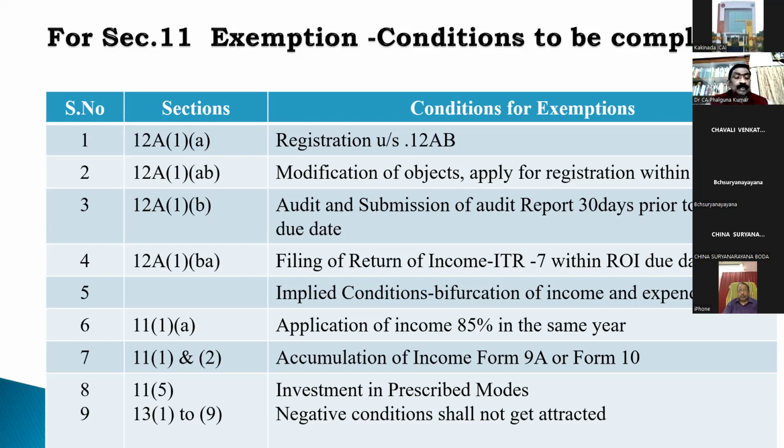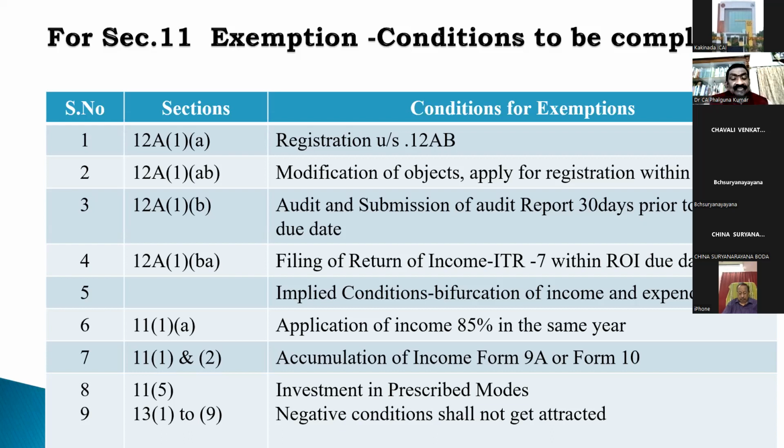Then only you are satisfying the conditions. During the previous year, how you have satisfied such a deposit, you have to give both in ITR 7 and in the audit report. If there is a violation also, you should give it in Form 10B or 10BB audit report, because 10B asks for the positive satisfactory conditions, and it asks for negative conditions also.